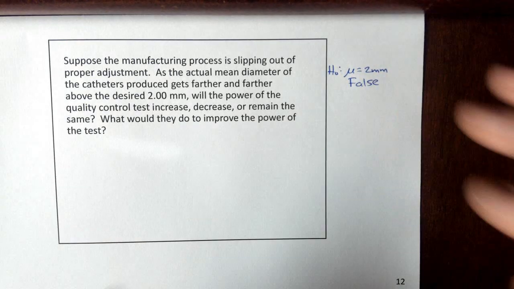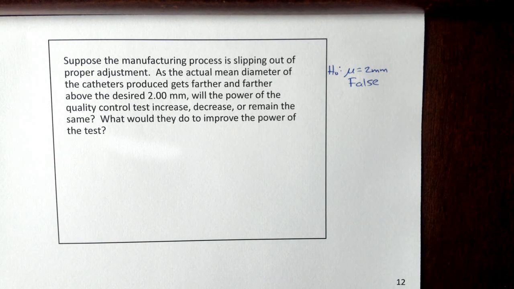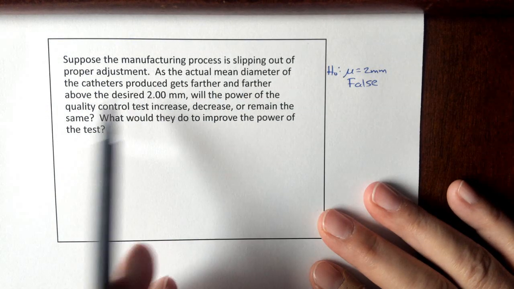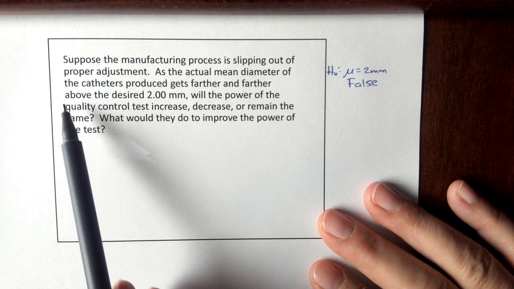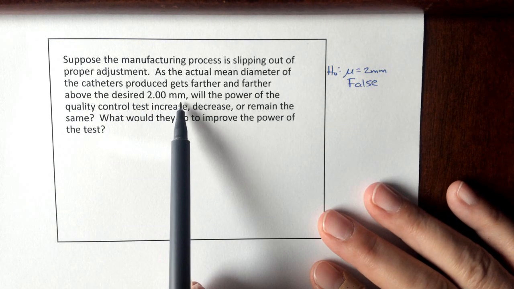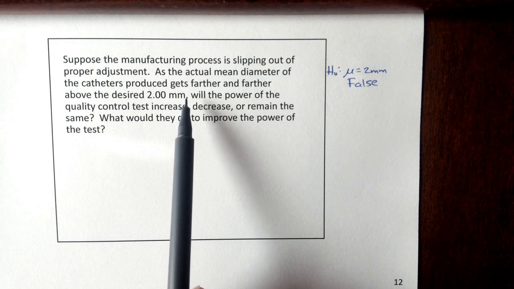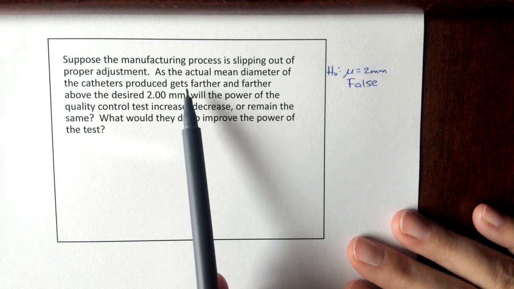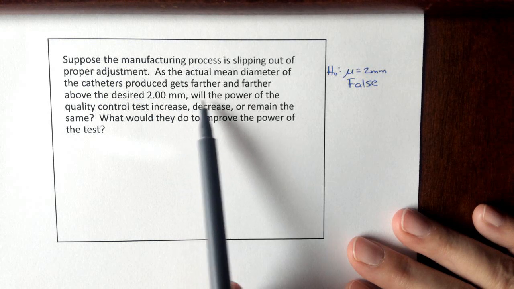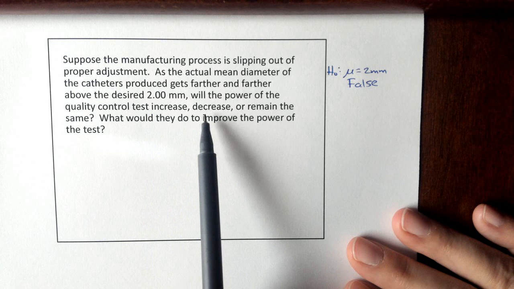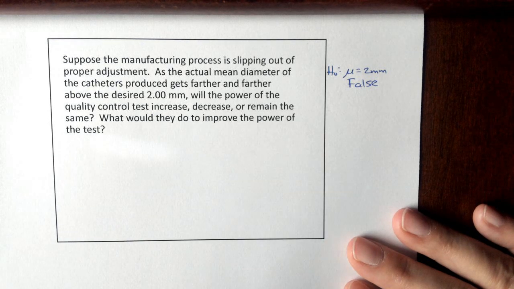It's slipping. Diameters are not 2 millimeters on average. As the actual mean diameter of the catheters produced gets farther and farther above the desired 2 millimeters, so the machine is producing catheters that are just a little bit too big, and they get bigger and bigger, will the power of the quality control test increase, decrease, or remain the same?